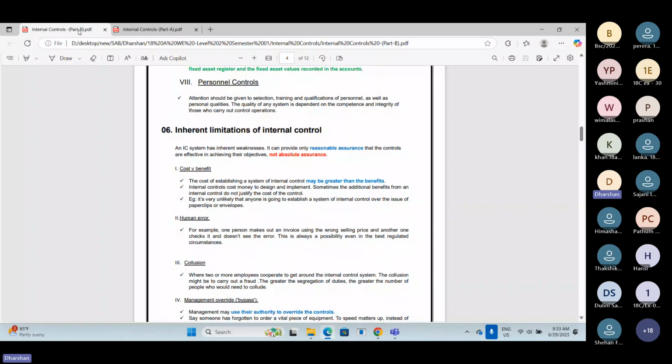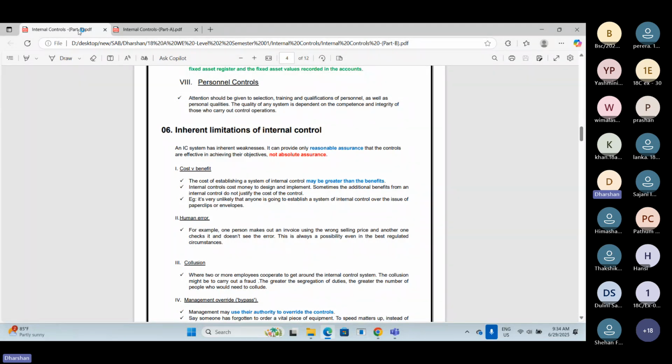Now, if they want to implement the control, they should incur, let's say, 2,500. So incurring 2,500 and saving 1,000, is that beneficial to the company, or, without putting any control, losing 1,000, is that the benefit to the company or not?